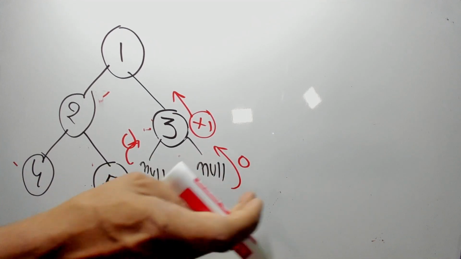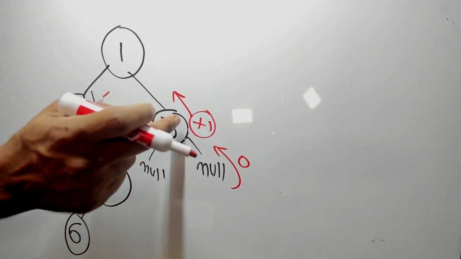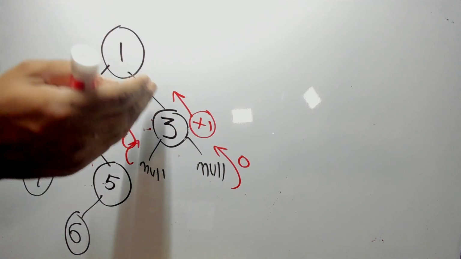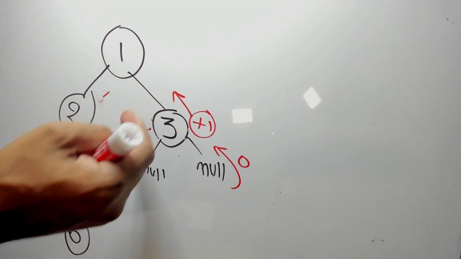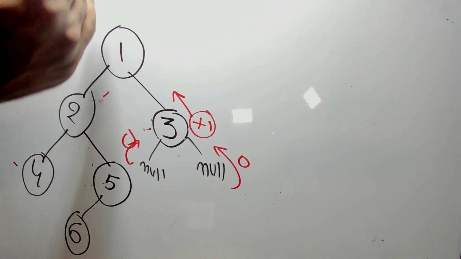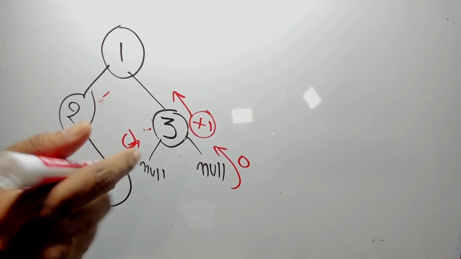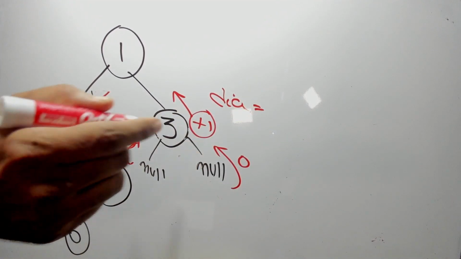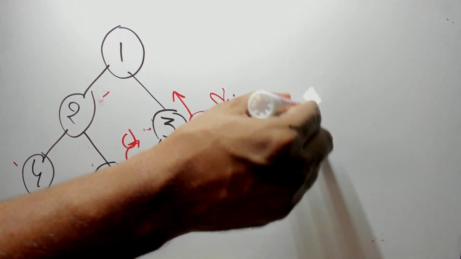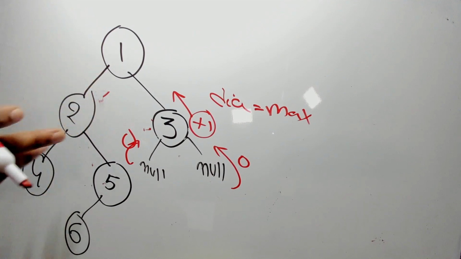So when it's null, we're going to return 0, and when we go up, we're going to check which node of the left and right contains the maximum. Then we're going to add 1 and send it up. And the same way, we're going to calculate diameter and keep track of the max length, because the question suggests that the root may or may not be present in the solution.